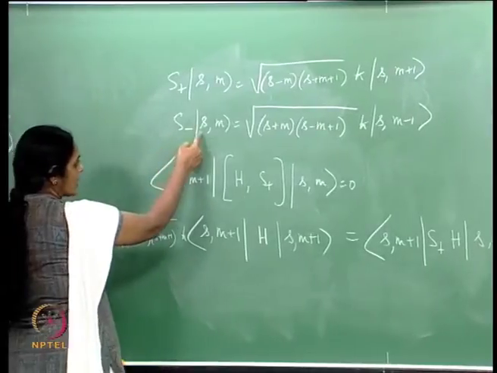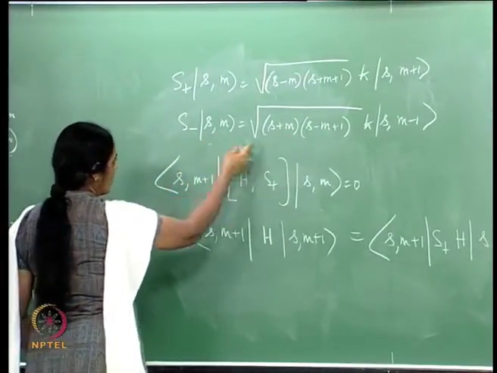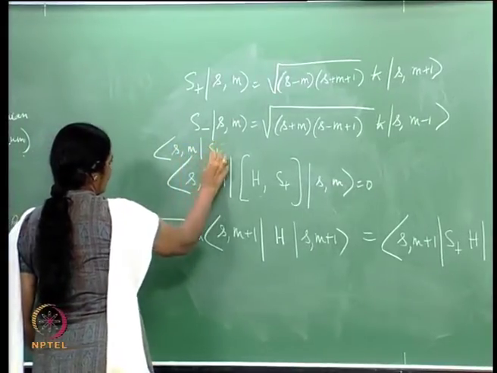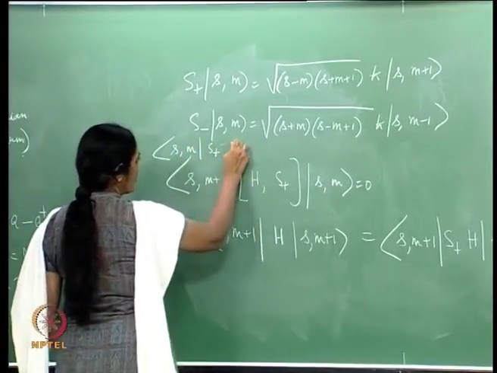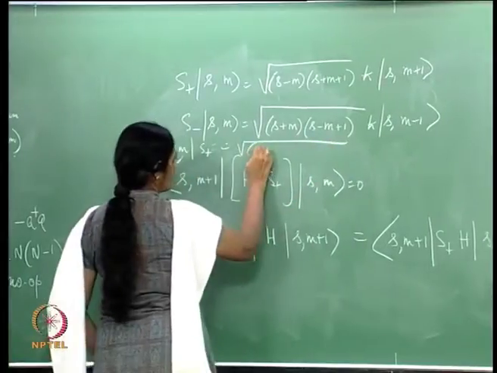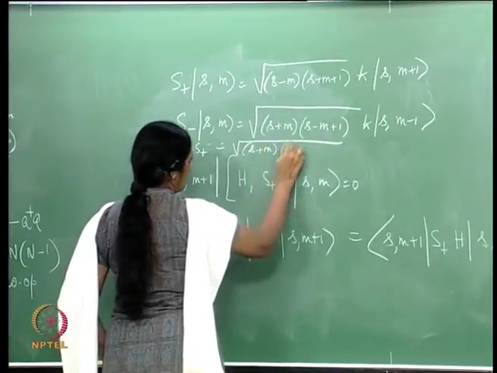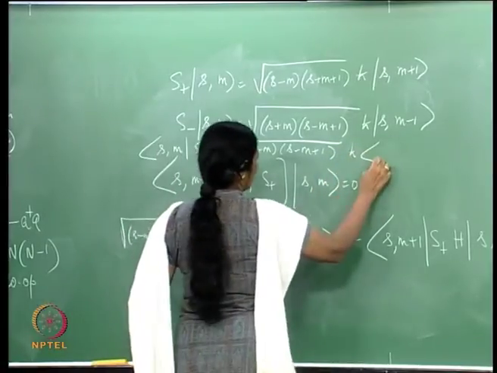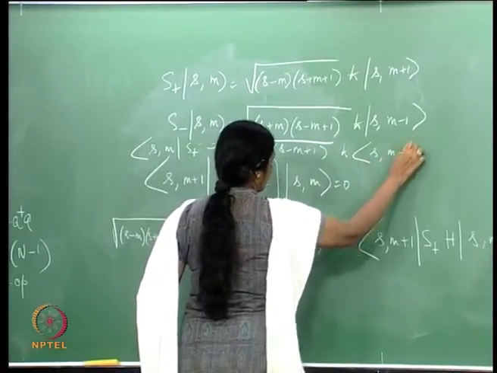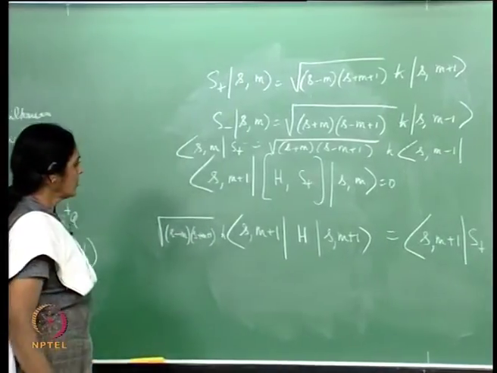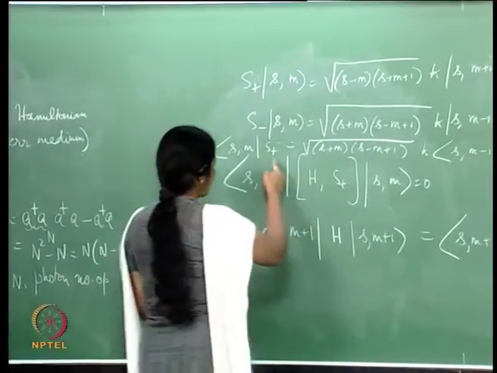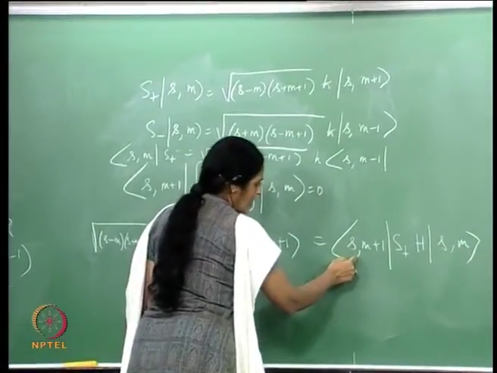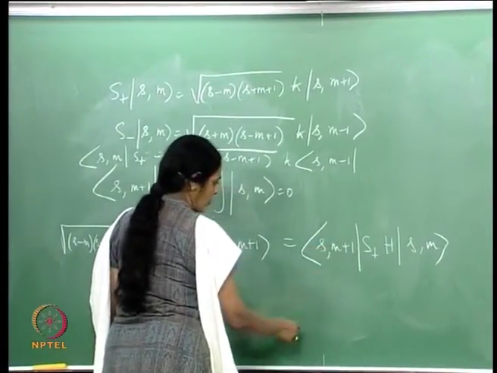But if S minus acting on |S, m⟩ gives me this, its dagger is this, and that is a real quantity. Therefore, I have the same coefficient. So, I use that here. So, S plus with an ⟨S, m| on this side of it, except that I have m plus 1 instead of m.